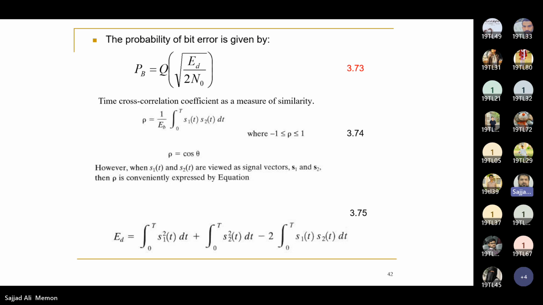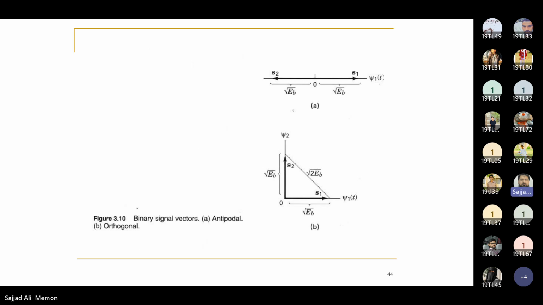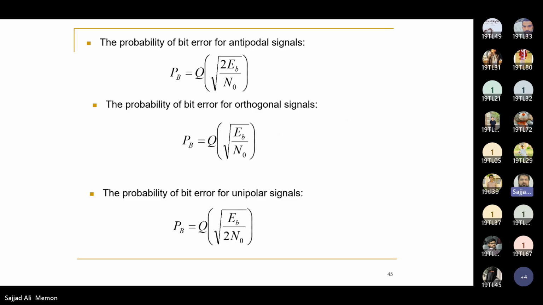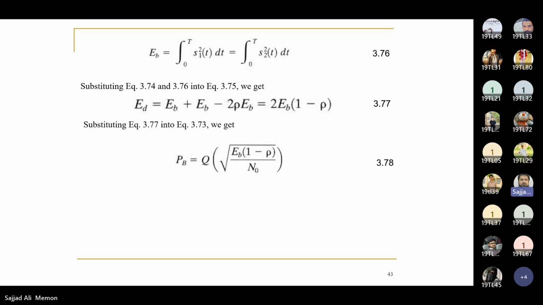The two antipodal signals, what will be the angle between them? Like shown here. One is S1 and S2, so this is the angle between them. How much angle is it? So the two antipodal signals have an angle difference of how much?